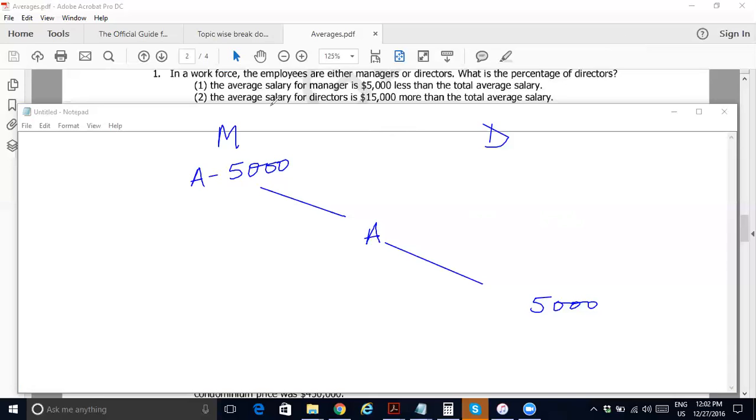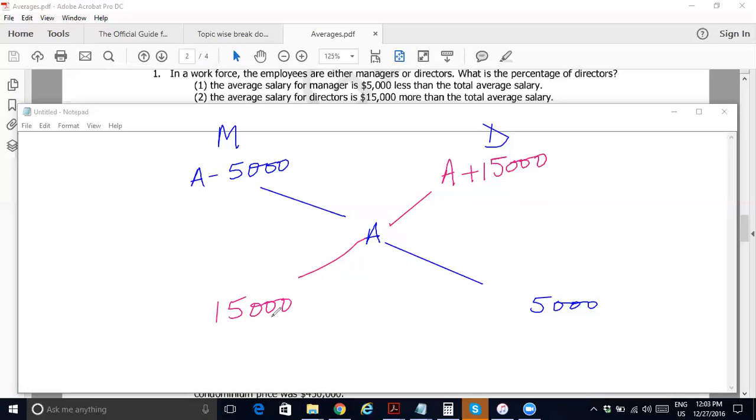Now let's come to statement 2. The average salary for directors is 15,000 more than the total average salary. So 15,000 plus A. Along this leg of X, we have 15,000. We also know that only this leg of X, we cannot find the answer.